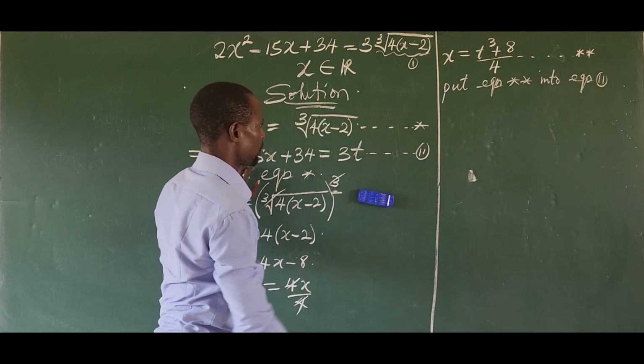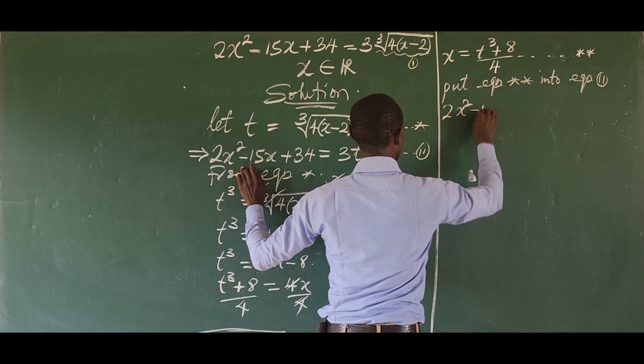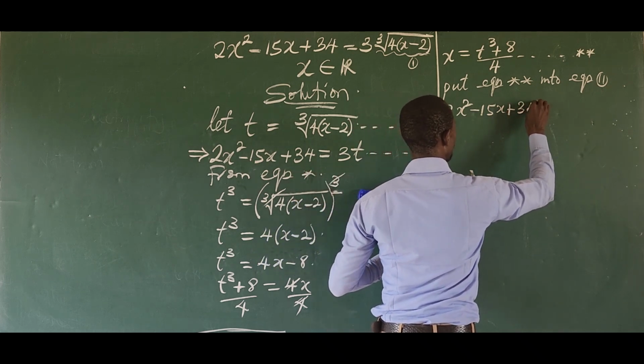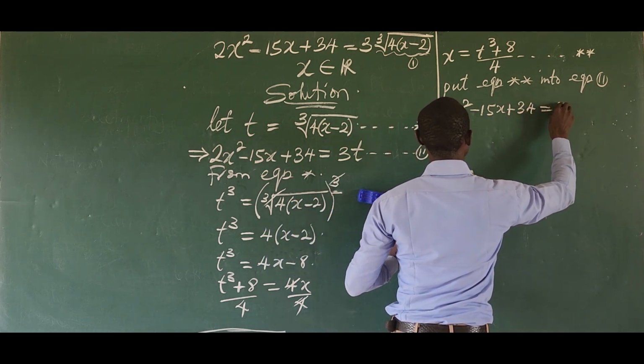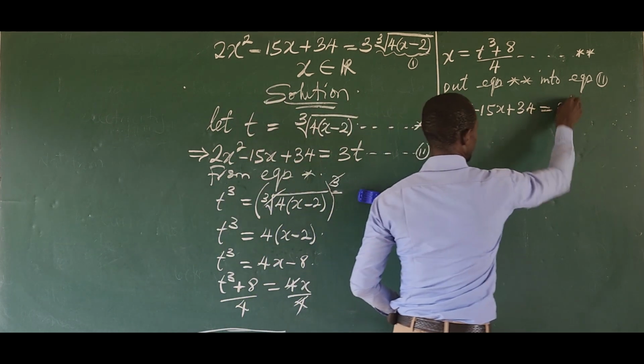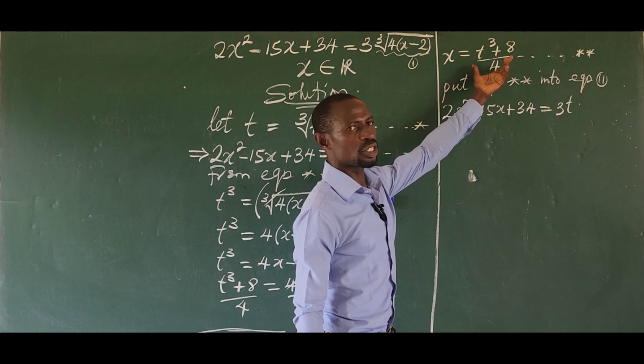So look at our equation 2. You're going to have 2x² minus 15x plus 34 equals 3t. Now, wherever we see x, let's put in this quantity.